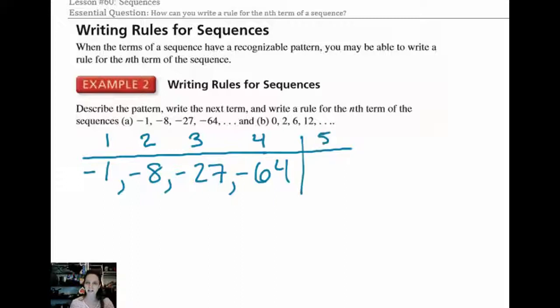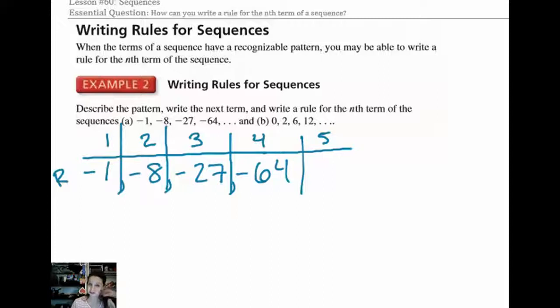So I'm almost creating a table here. Now I'm seeing if I see any pattern. Okay, well, I recognize that my range, these bottom values, are all cubes of the top number negated.